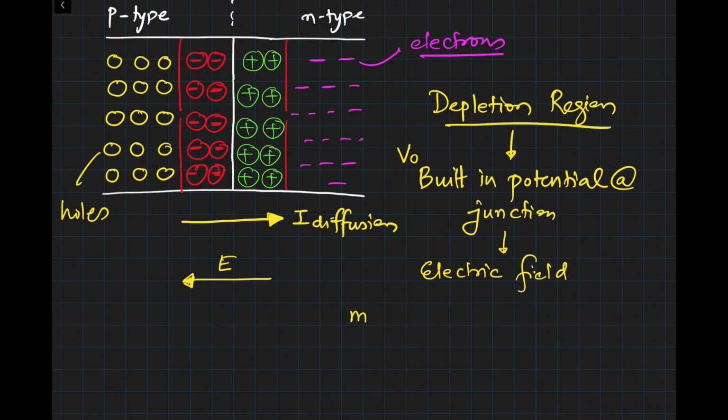So minority carriers. And where do these minority carriers come from? As I said again, these minority carriers are thermally generated. So these thermally generated minority carriers, which are already there in either P type or N type, will start getting affected by the electric field, and they'll start flowing in the opposite direction. This particular method of conduction is called drift.